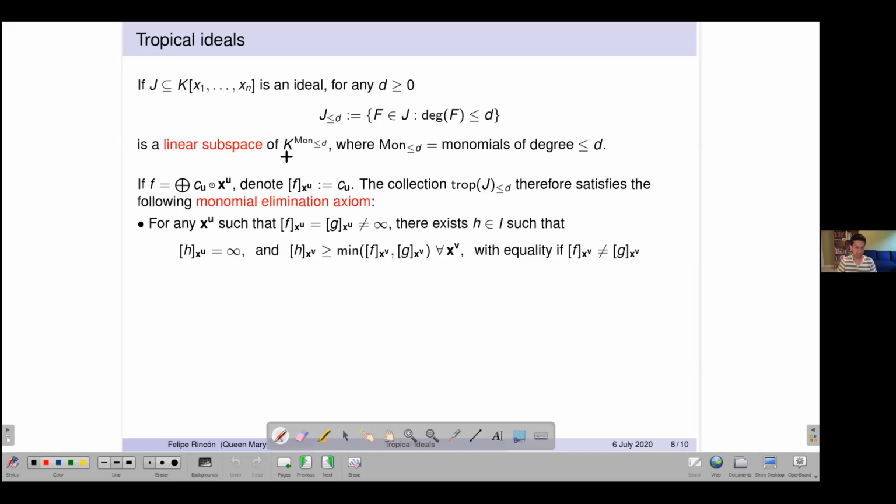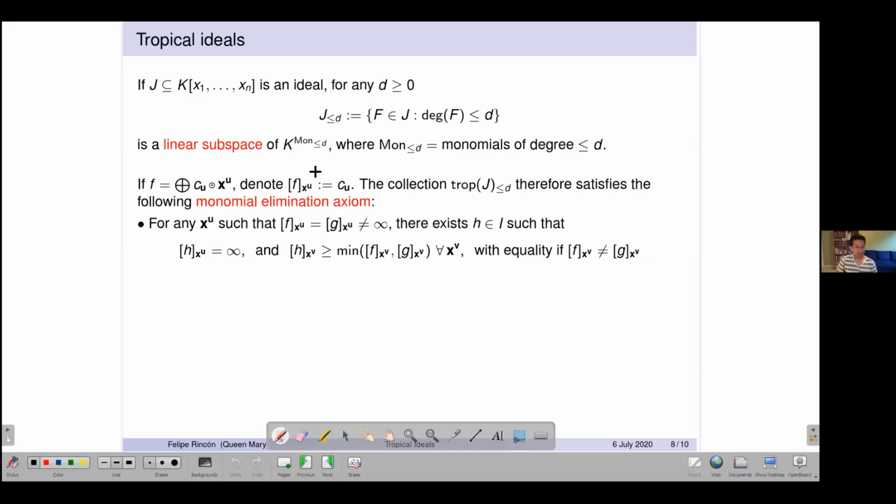So we can identify it with k to the monomials of degree at most d. When I write mon less than or equal to d, I mean the monomials of degree less than or equal to d, and there's going to be one dimension for each of those monomials. You can think of that as the coordinate that records the coefficient of that monomial in the polynomial.